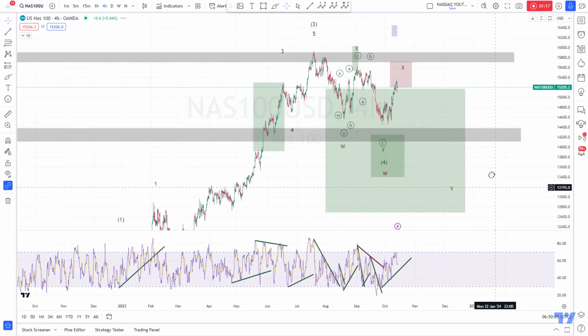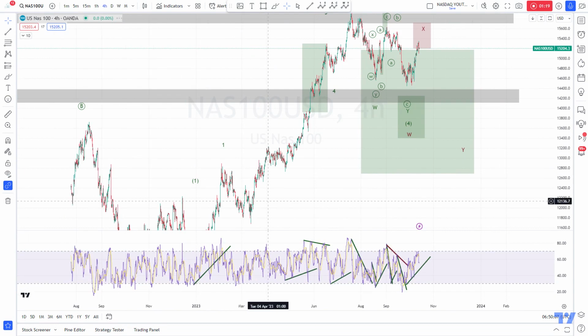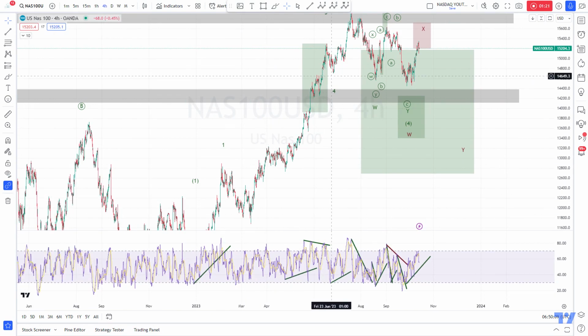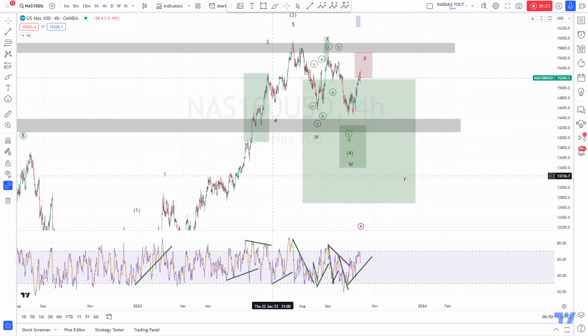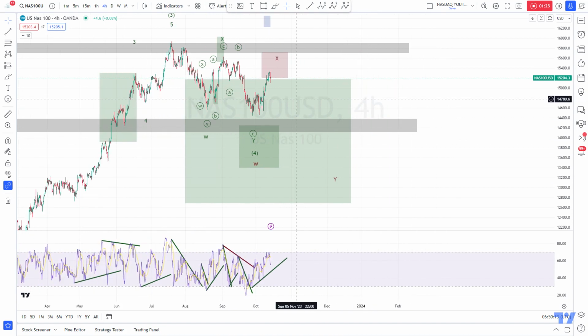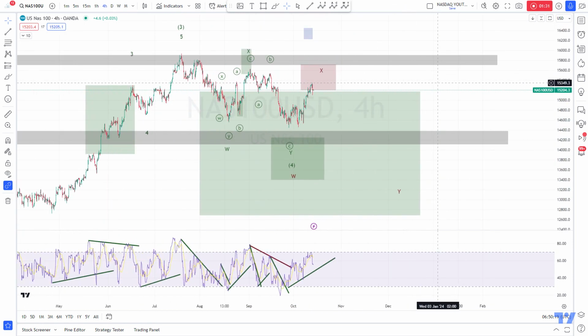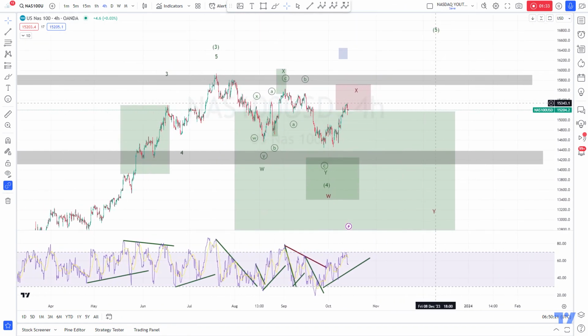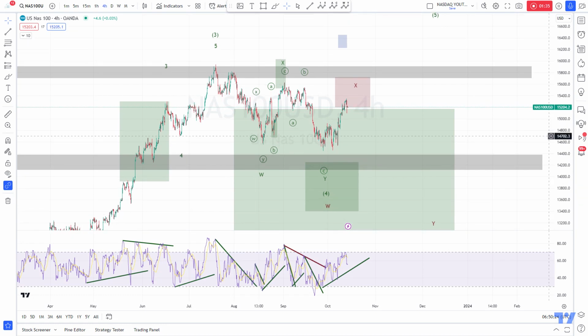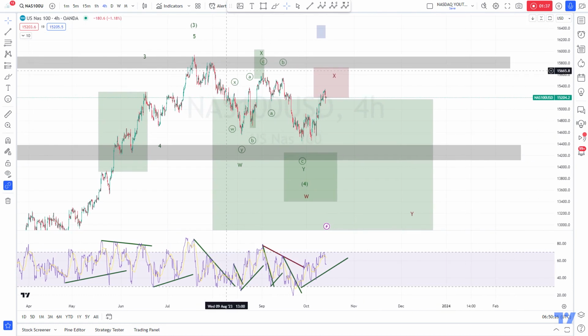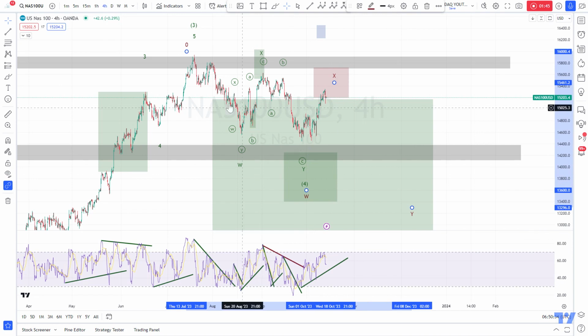And so WXY structure, wave 4 could be in, but this wave 4 area is actually quite big. And so if we look at this move right here, it would not be so surprising that we just go a bit deeper into this wave area. And if we have to go deeper into this wave area, then for me the logical path would be that this WXY structure was just part of a bigger WXY structure indicated here in red.